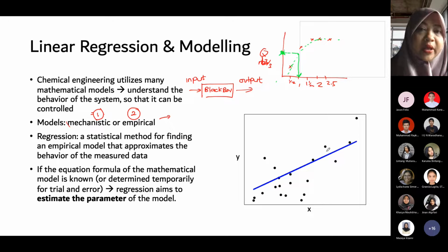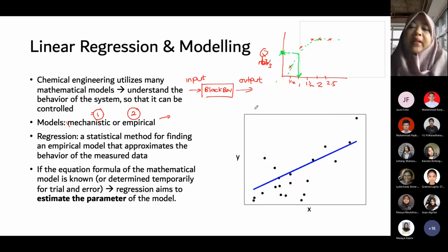So we have a lot of measured data, and we want to make a regression that can fit those data. If the equation or formula of the mathematical model is known or determined temporarily by trial and error, the regression aims to estimate the parameters of the model.